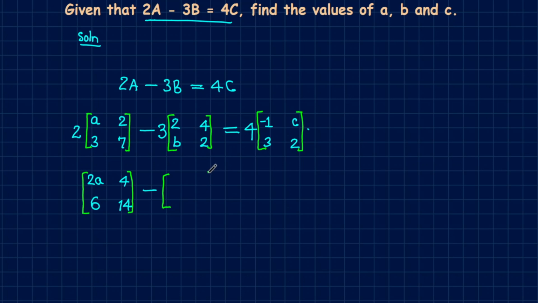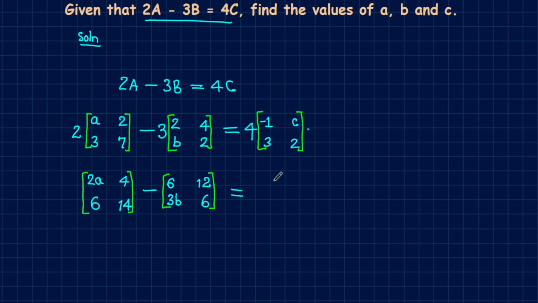Remember, we leave the subtraction sign outside and only multiply with the number. So we have 6 and 3 times 4, which gives 12. Then 3 times b gives 3b, and 3 times 2 gives 6. Remember, if you choose to multiply together with the negative sign, you need to write positive in order not to get confused and get it wrong.